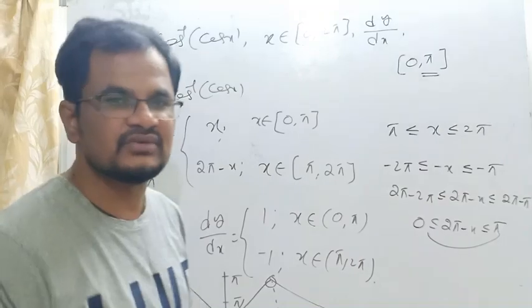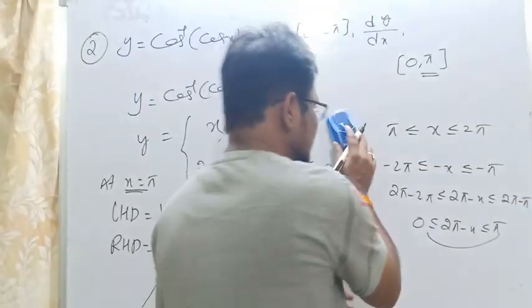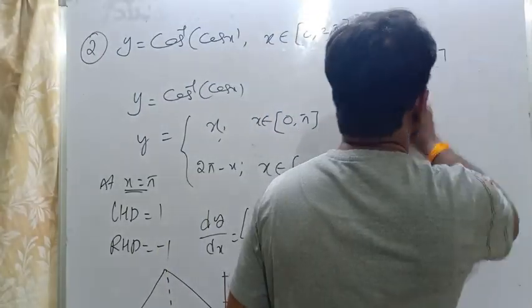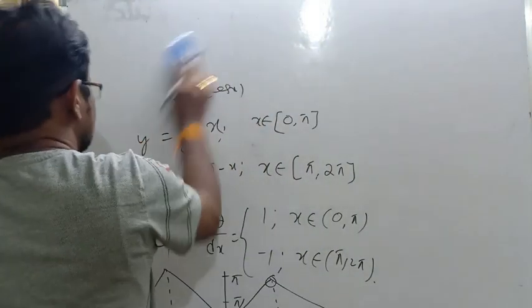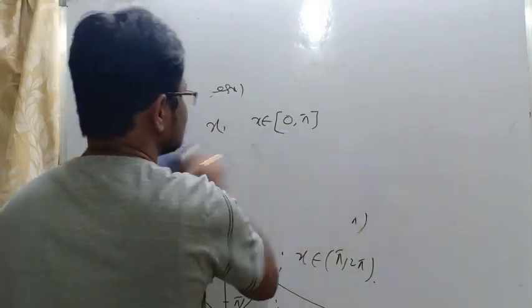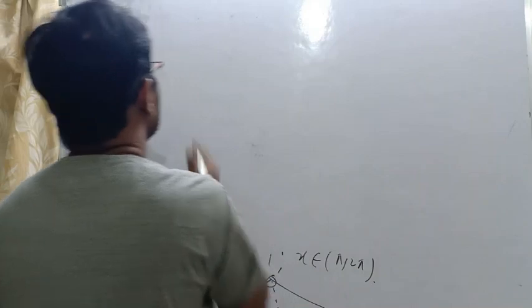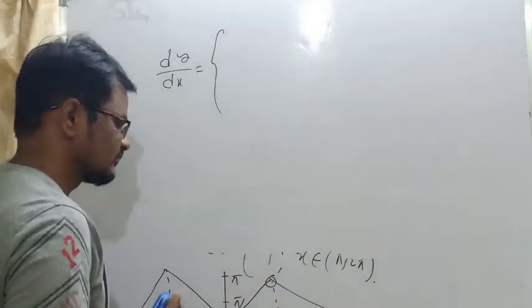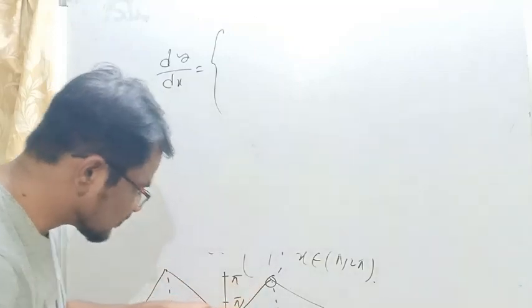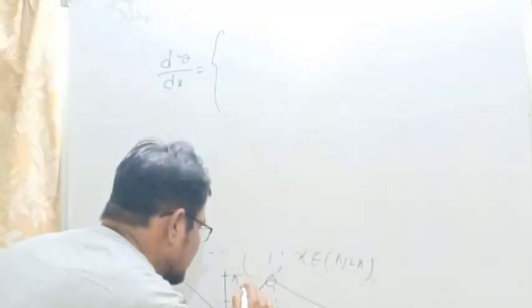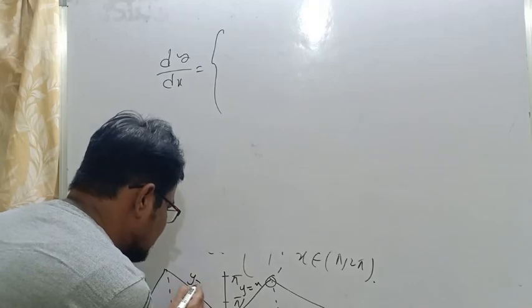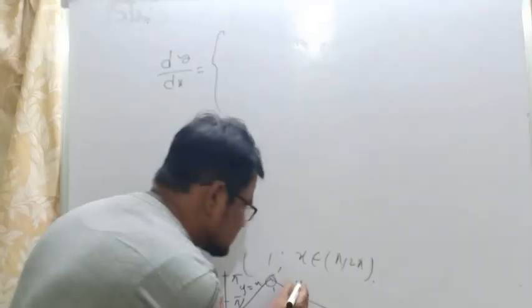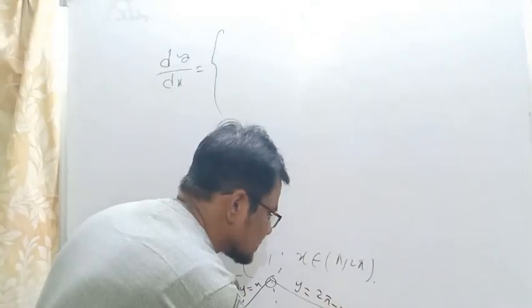Means what we are observing. So if you generalize this one, dy by dx, this is the y equal to x line, this is the y equal to minus x line, and this is the y equal to 2 pi minus x line.